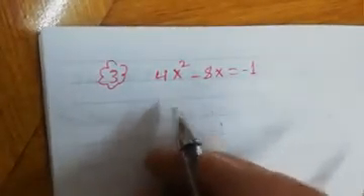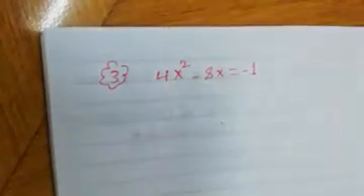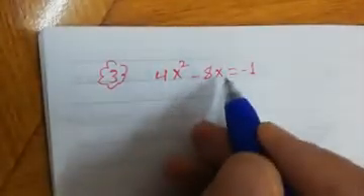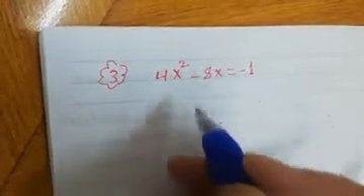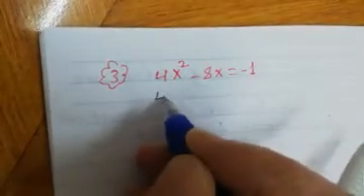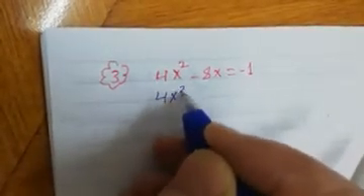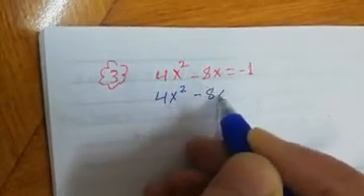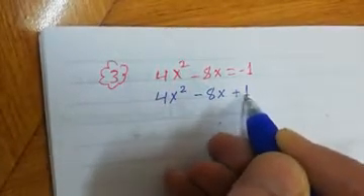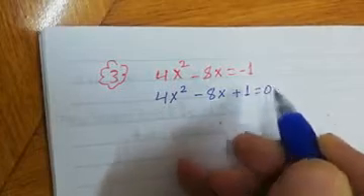Okay, let us write it in the standard form. I will transfer this number to the left side. It will be 4x squared minus 8x plus 1 equals 0.